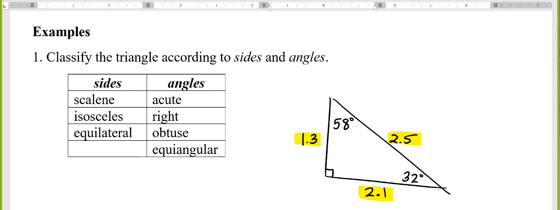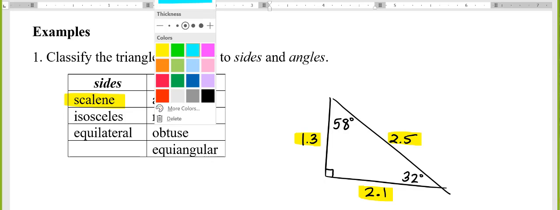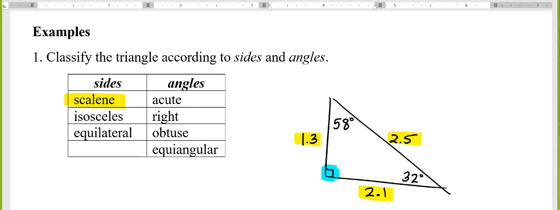They're all different, right? So if you classify it according to the sides, it's going to be scalene. That means they're all different. Now let's look at the angles. Something I notice is that there is a right angle. So we're going to say that it's a right triangle according to its angles.